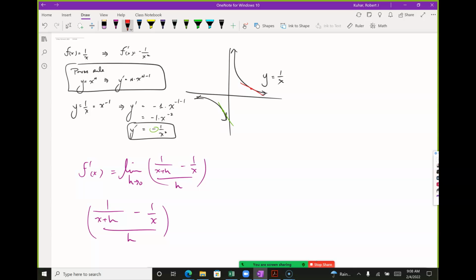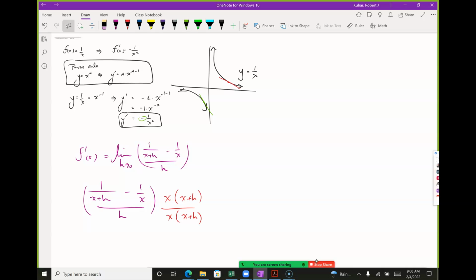Can anyone give it to me? x times x plus h. Yep, over itself. I'm just looking at those interior denominators, and I'm multiplying them together. It's really a common denominator if you do that, but this one turns out to be the least common denominator.